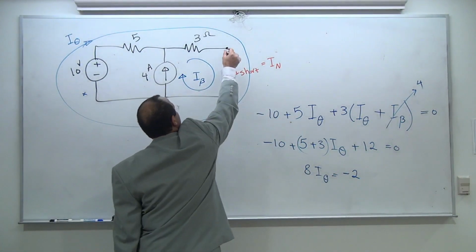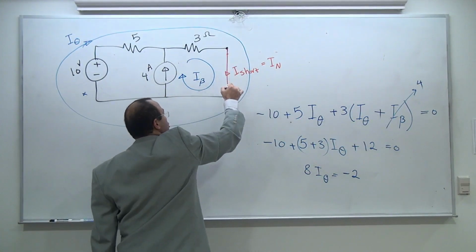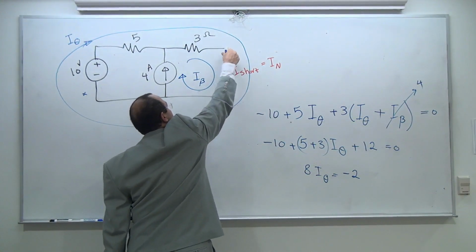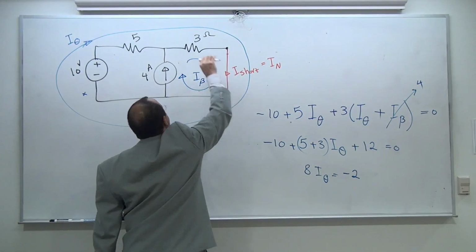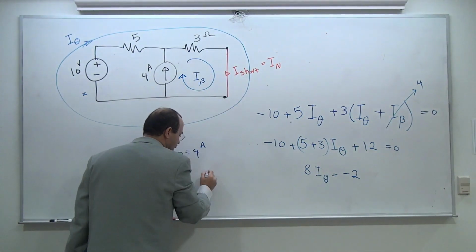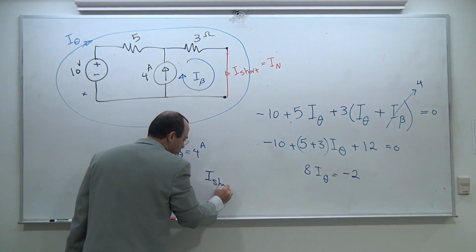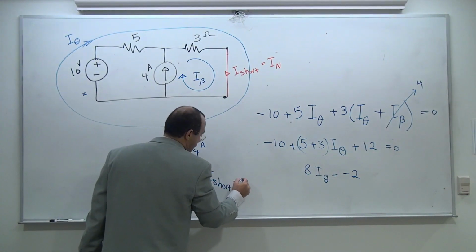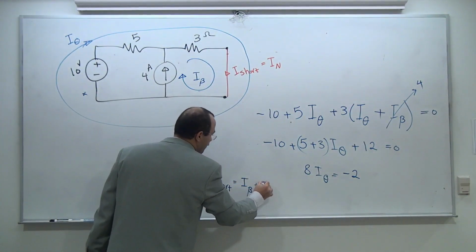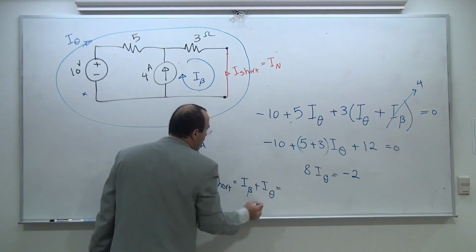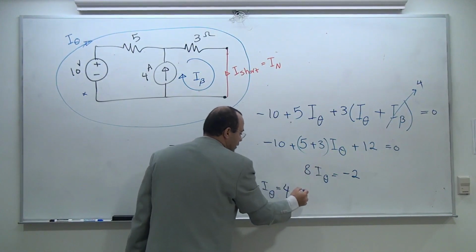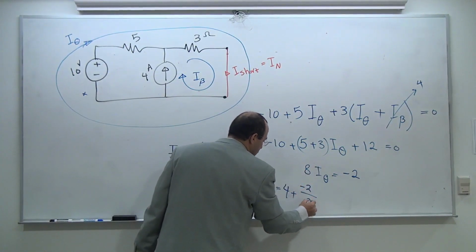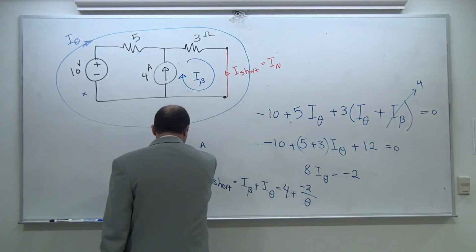But I theta is not my I short. If you take a look at this as a component, as a branch, I short is going this way. I beta is actually supporting it, and I theta is supporting it. So I short is equal to I beta plus I theta. I beta is 4, I already know, and I theta is minus 2 divided by 8.